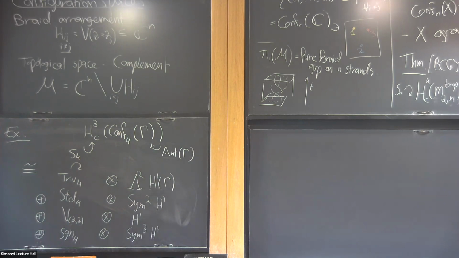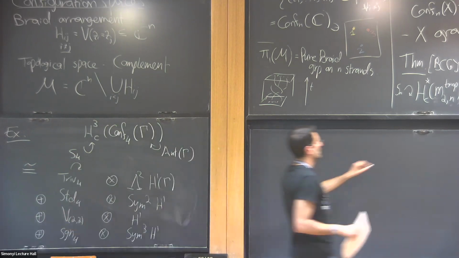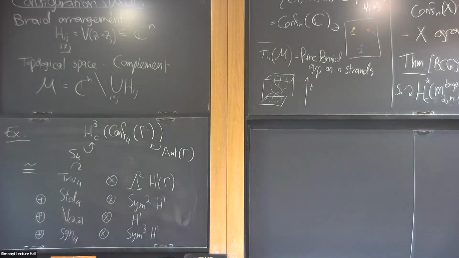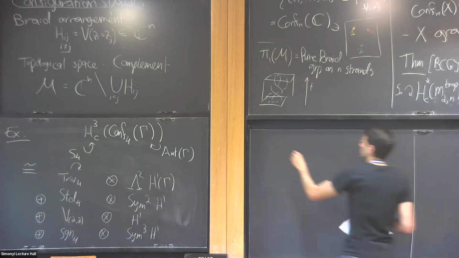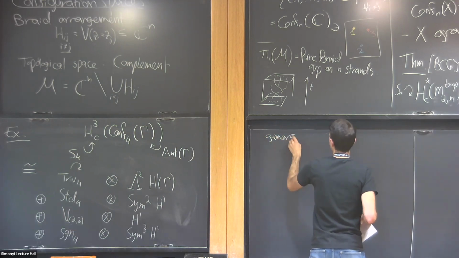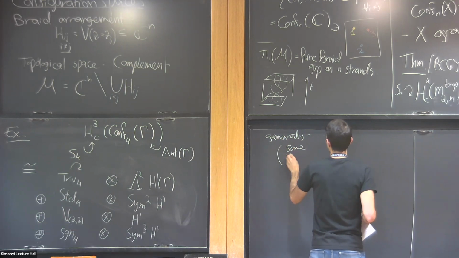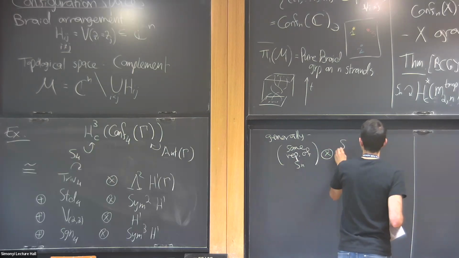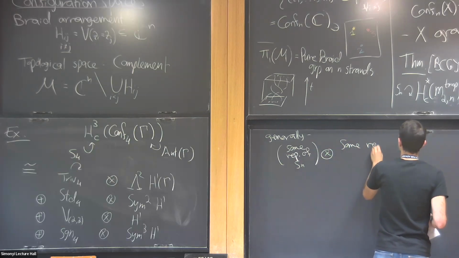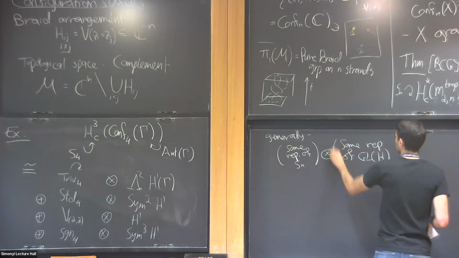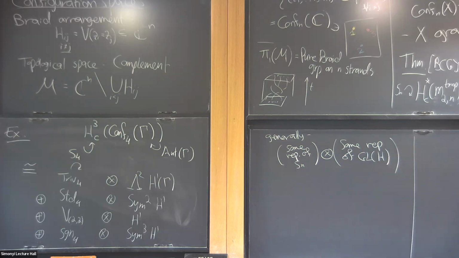Okay, so in general, I'll take questions, but I'll just say generally, you have some representation of Sn, tensored with some polynomial representation of the general linear group of H showing up here.